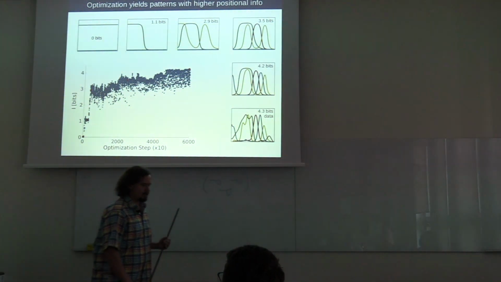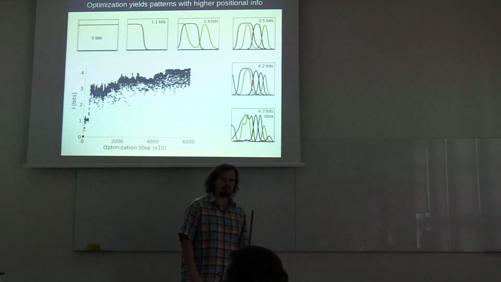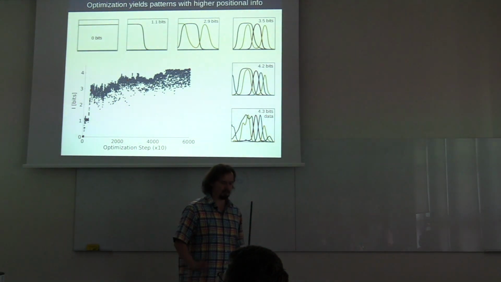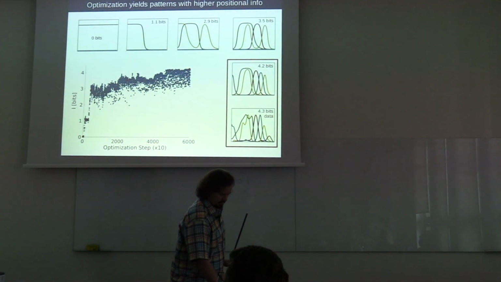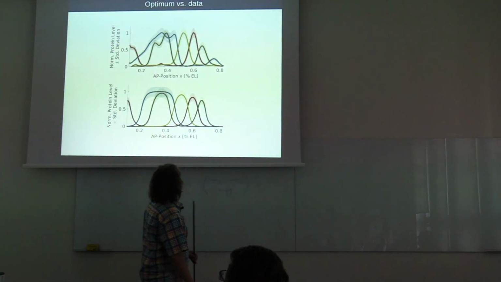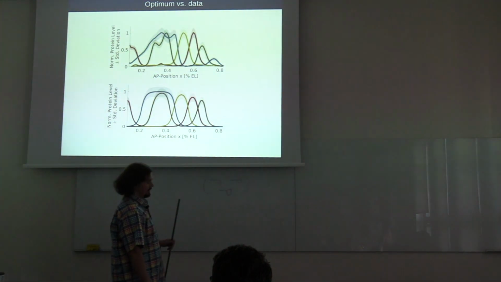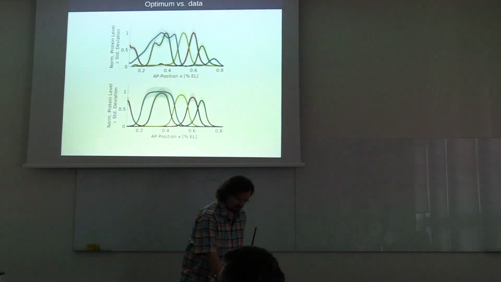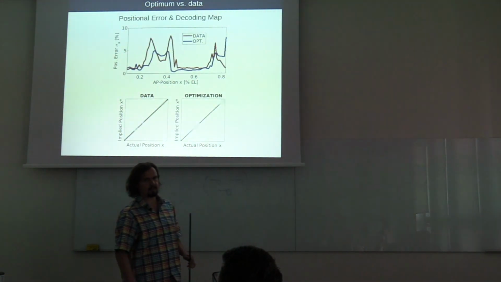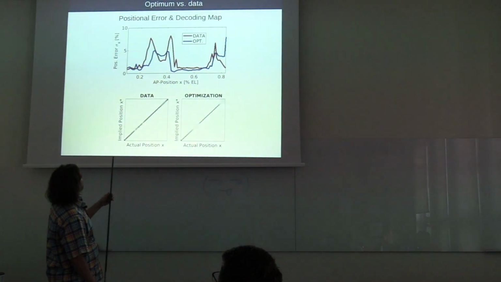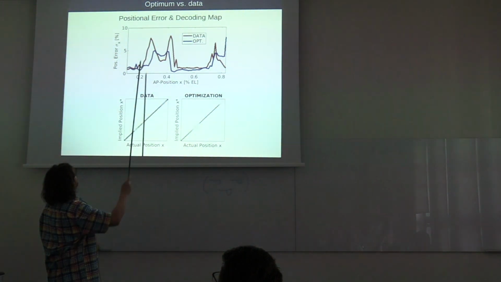So the question of whether we can derive this pattern somehow by optimization, we claim to be yes, and we can make further comparisons, right? For example, we can look at the noise bars. You can see that these also turn out to be very similar between optimization and the measured patterns. Then we can even look at this one measure that I had initially, which is the positional error, sorry.